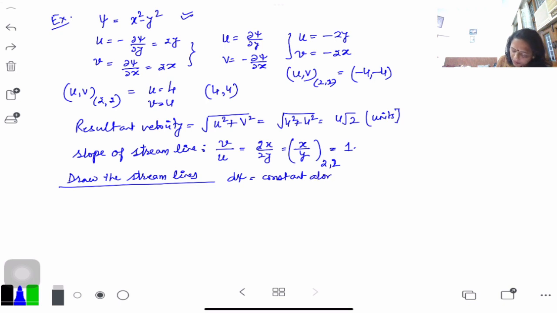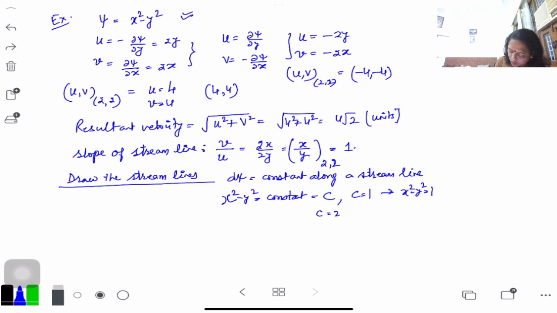So from the given question I may write x square minus y square is equal to constant, and let this constant be c. Now for c is equal to 1, I get one streamline, x square minus y square is 1. For c is equal to 2, I get x square minus y square is equal to 2. And similarly, giving different values to c, I'll get the streamlines.